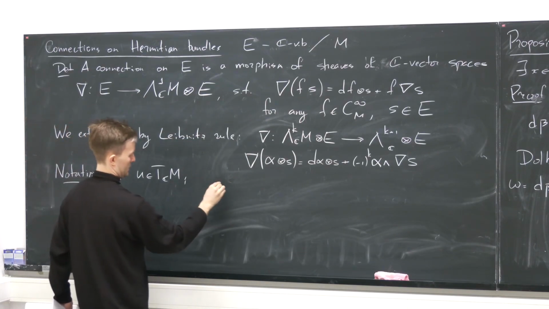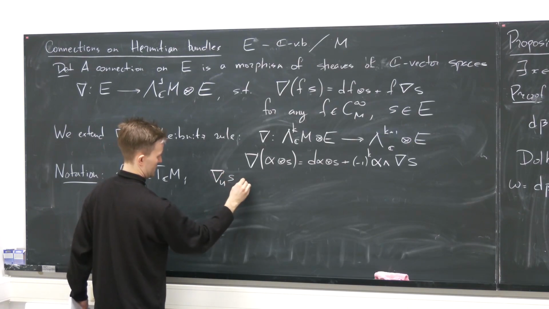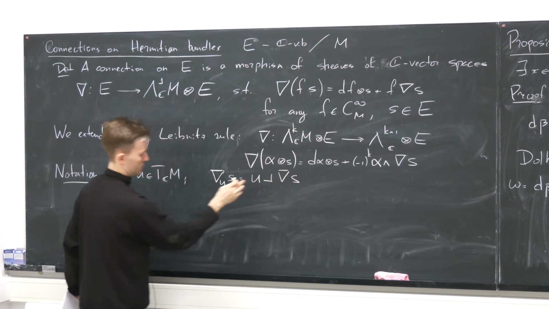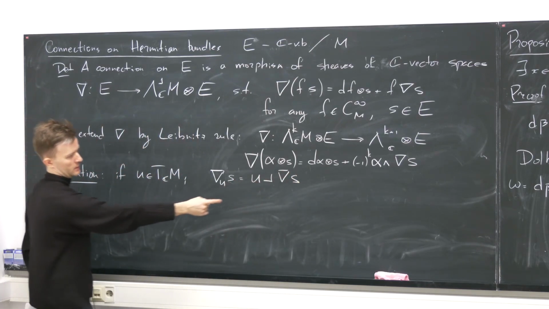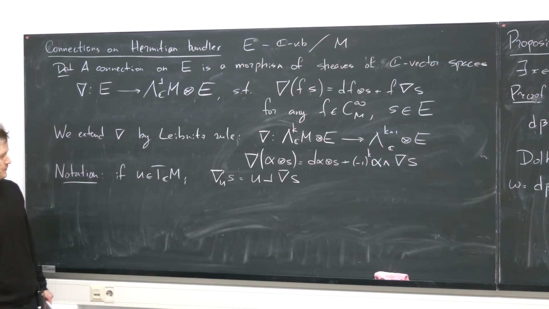So I will write it like this: this is nabla_u s. This is u contracted with nabla s, where I mean that I just take nabla s and substitute my vector field into this one form. So that's as usual.